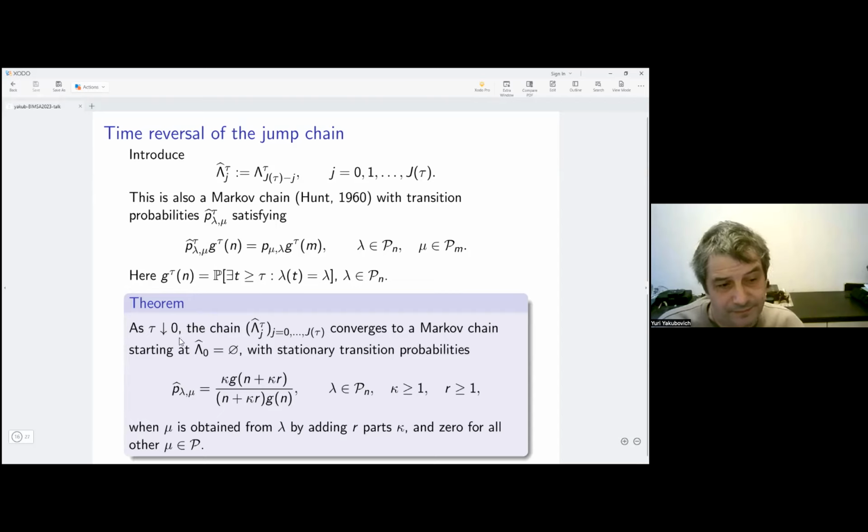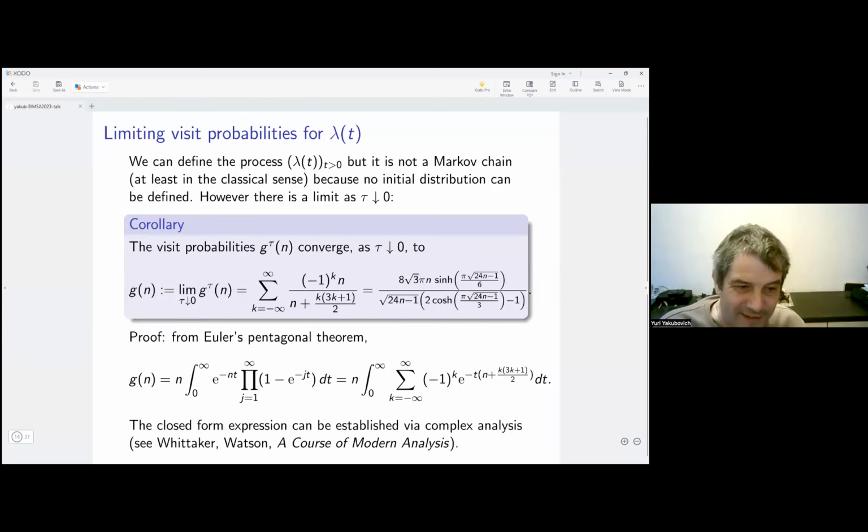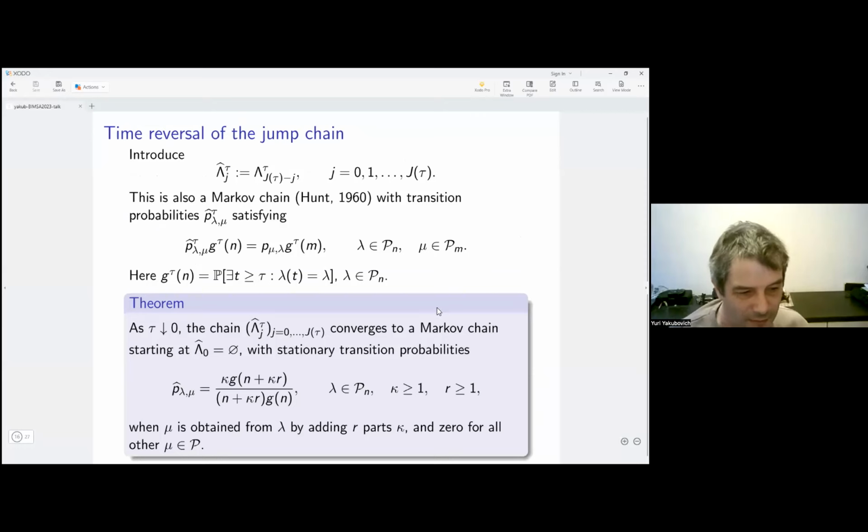But it is natural to expect, and it is indeed the case, that they have a limit as tau goes to 0. And this limit has this simple expression for it, but I recall that this G has this rather big expression, but it's explicit.